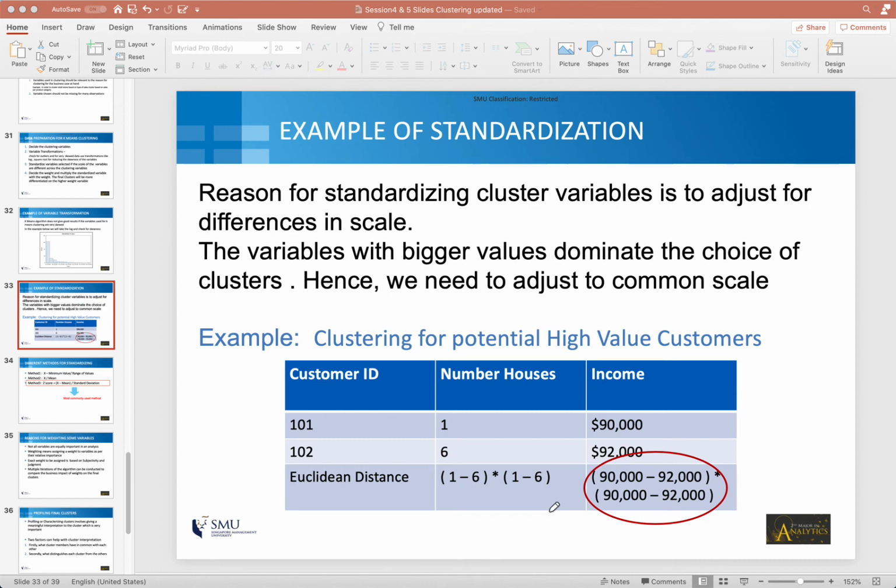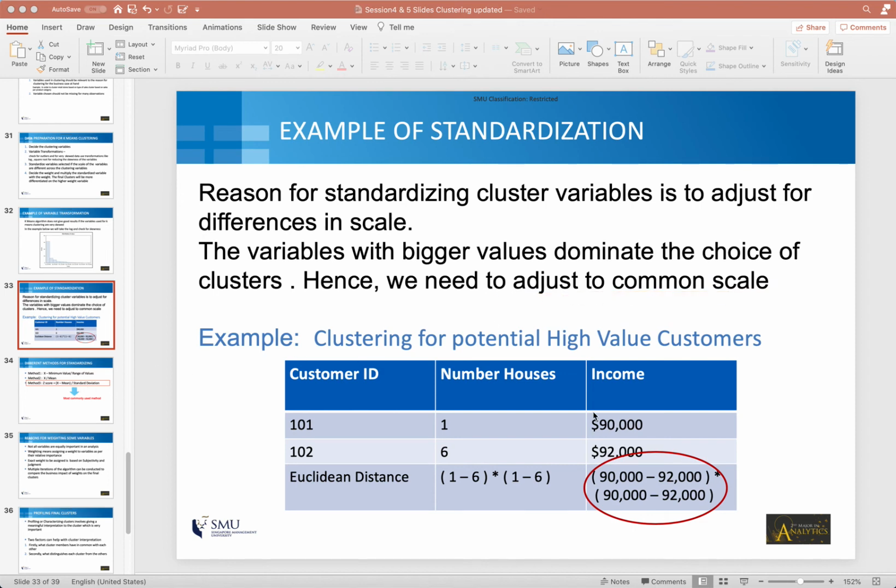And unknowingly, if we don't resolve this, we have introduced bias in our results and we don't want that to happen. So in order to get rid of the bias, we have to make sure that a particular column does not dominate the clustering results. To do that, we adjust the scale of the columns to make it a similar scale.